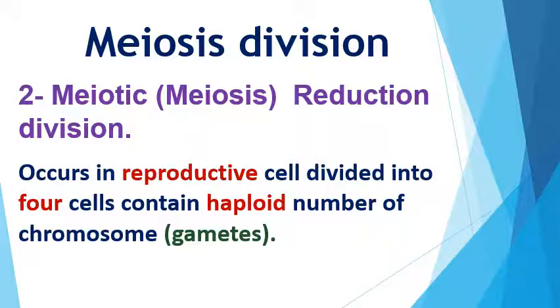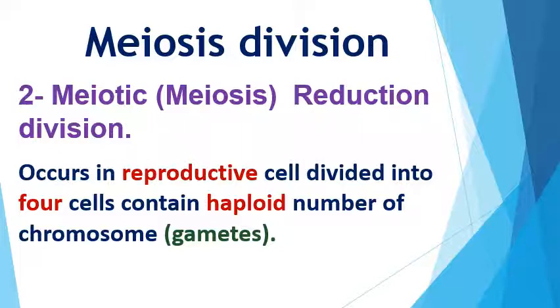Pay attention. When the cell contains the haploid number of chromosomes, the cell is called a gamete, such as sperm in male and ova in female.